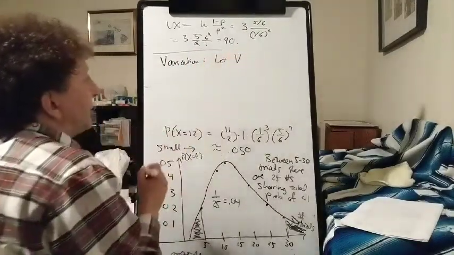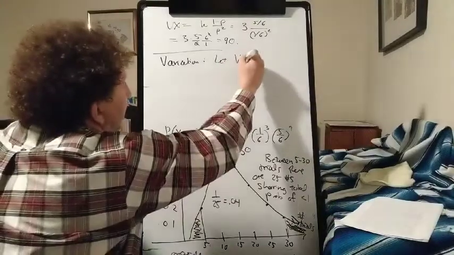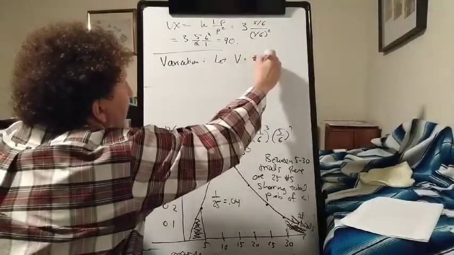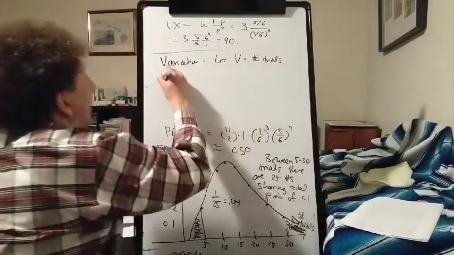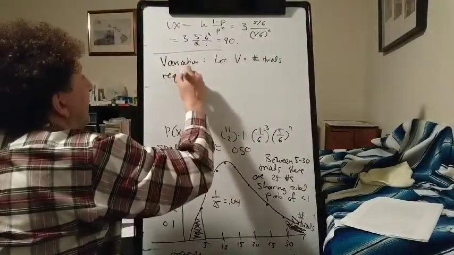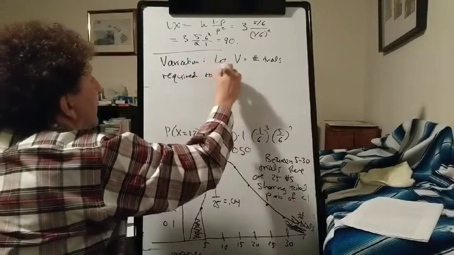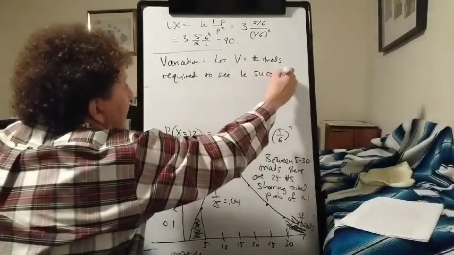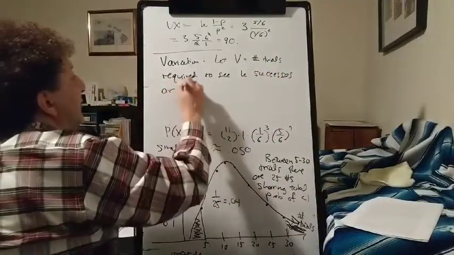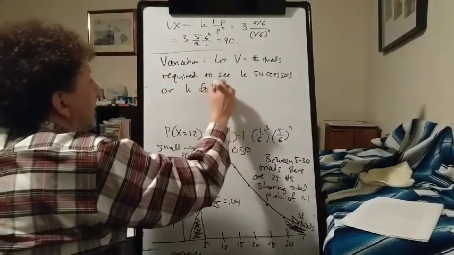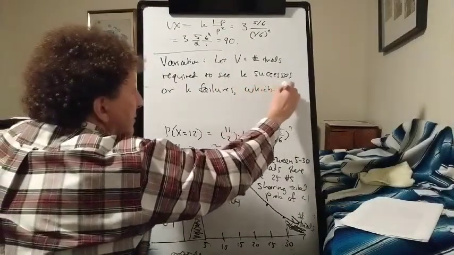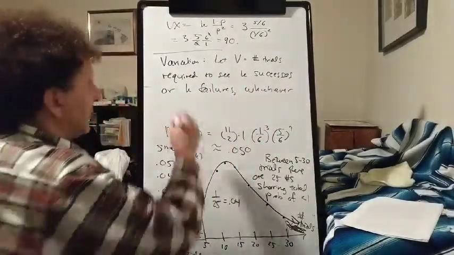Let's define a random variable capital V. Let's let this be the number of trials required to see k successes or k failures, whichever comes first.